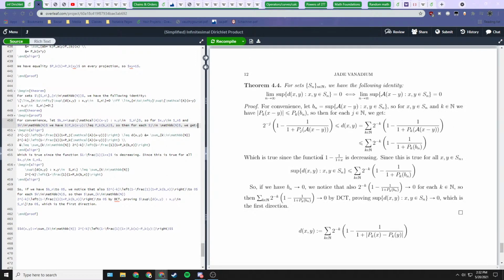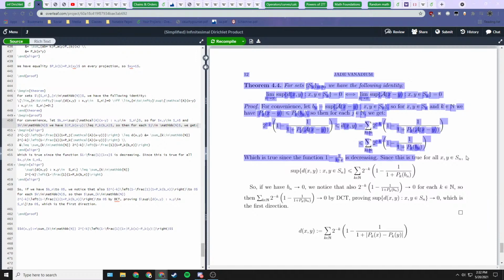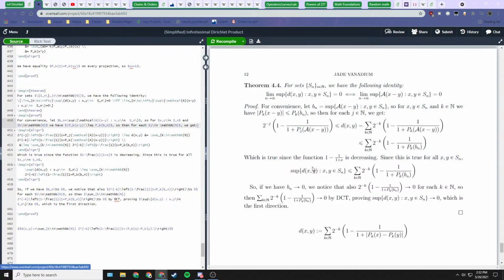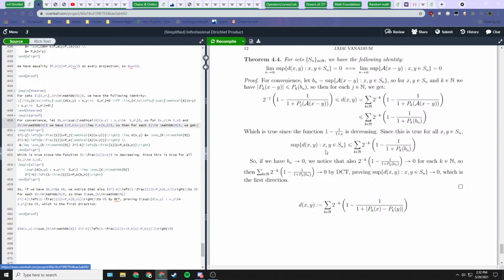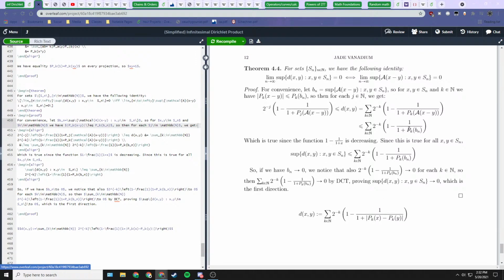This is true since this function is decreasing. This is true for all x and y, so the supremum over x and y is bounded by this summation overall. If we have b sub n go to 0, this goes to 0 for each k, so this goes to 0 by dominated convergence, proving this supremum goes to 0, which is the first direction.